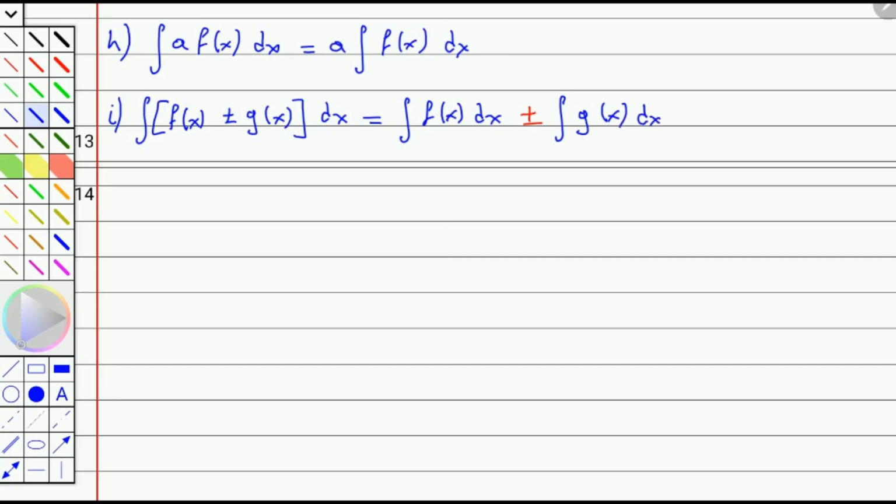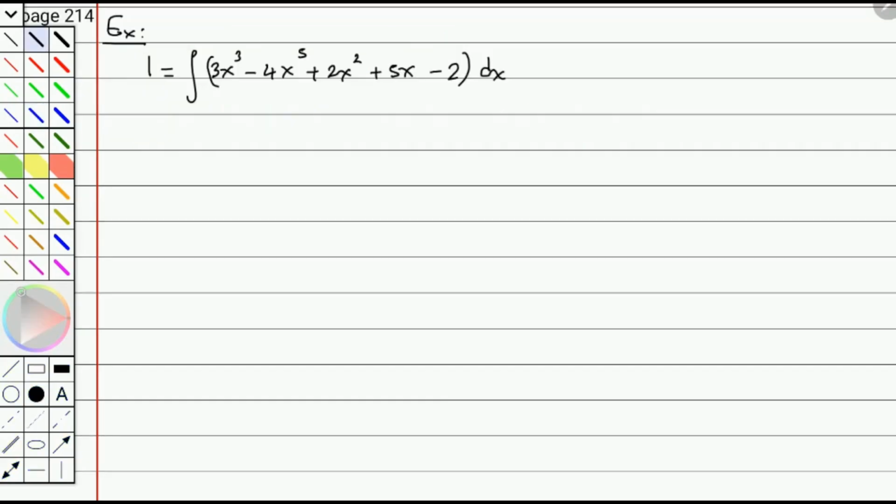However, keep in mind that this only works for addition or subtraction, not for multiplication or division. So let's go ahead and see one example. As we can see, we have a large polynomial inside the integral with additions and subtractions. I'm going to execute this step by step using all the rules, and after this point we can execute the integration directly without the intermediate steps.